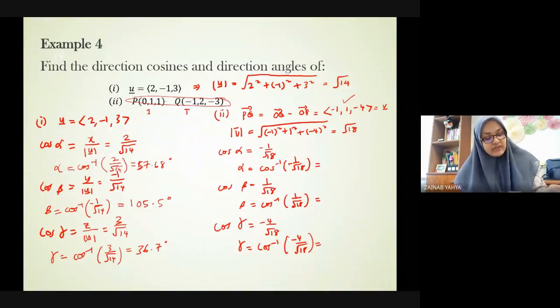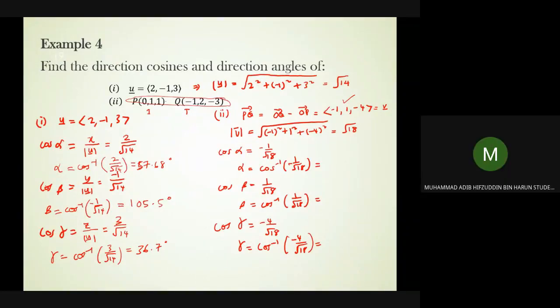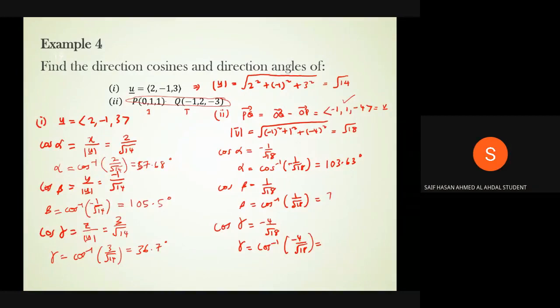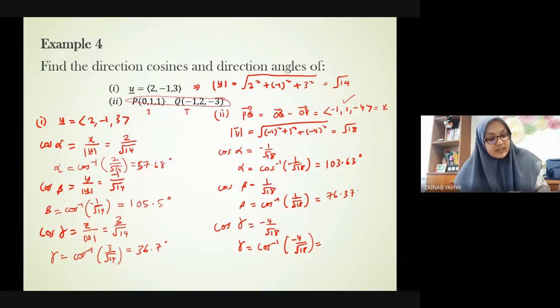What's the answer for the first one? What is alpha? 103.63. Good. How about beta? 76.37.